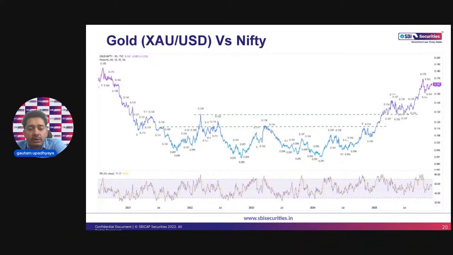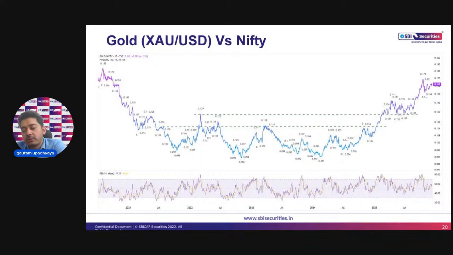This is for another asset class also. अगर आपको कोई एक दूसरे asset class के साथ भी compare करना है, so this is basically gold versus Nifty. In dollar terms, gold is compared with Nifty, and you can clearly see after a very long consolidation phase, gold has given a breakout and has continued its positive momentum.